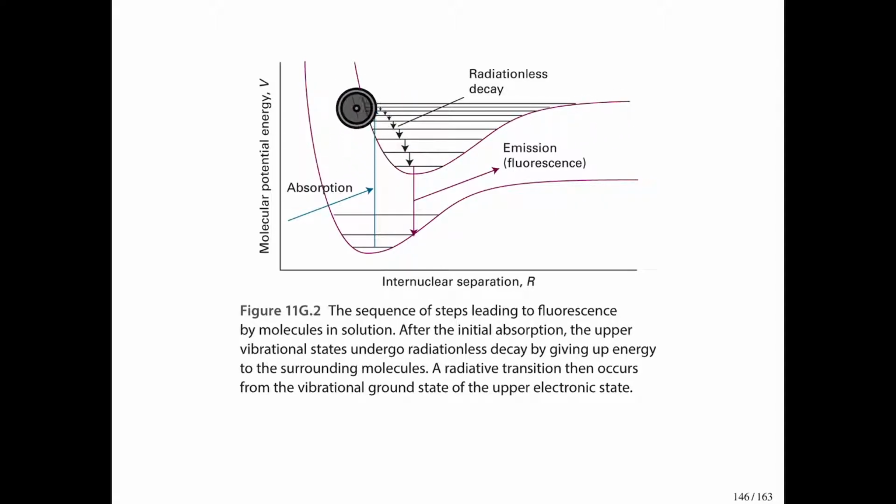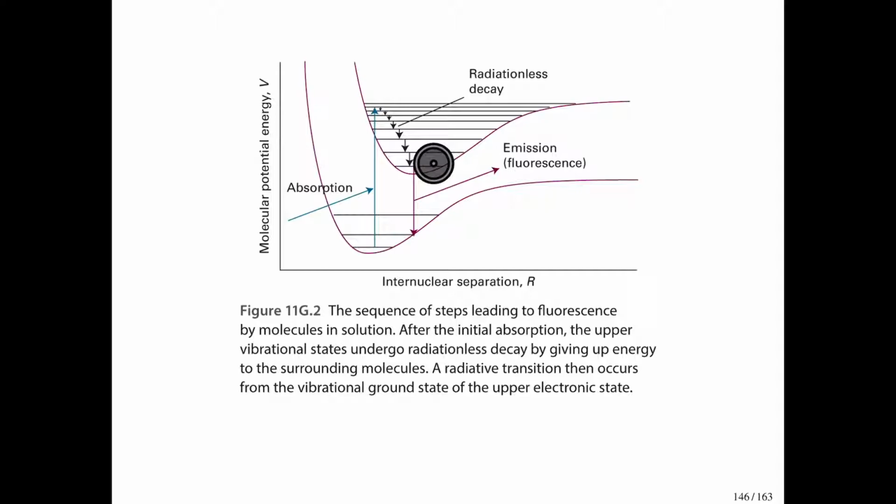Now, once you promote the molecule to one of these excited vibrational states, through the process of collisions, the molecules will very quickly lose that excess vibrational energy and will relax down to this ground vibrational state of S1. And from here is where you will get emission of a photon via fluorescence.